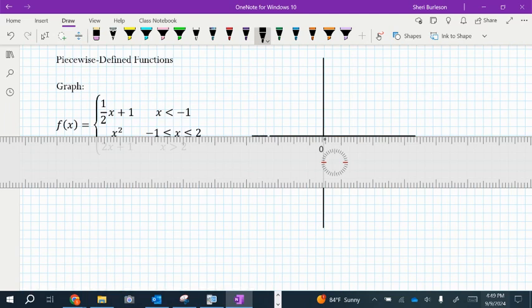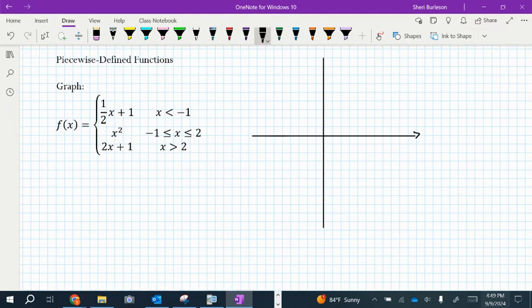So we need multiple functions to define it. So when I set up my scale, I'm going to count by ones in the y direction, but I'm going to count by 1/2 in the x direction, just because it makes it easier to count off the slope.